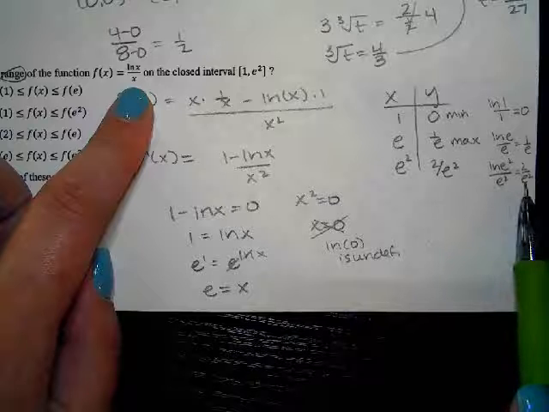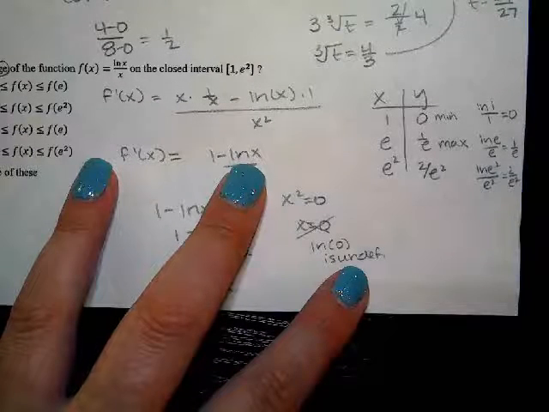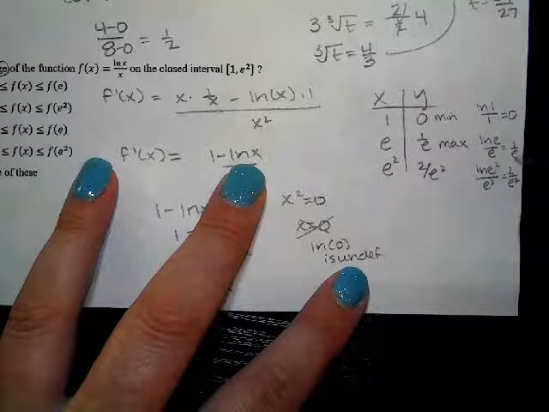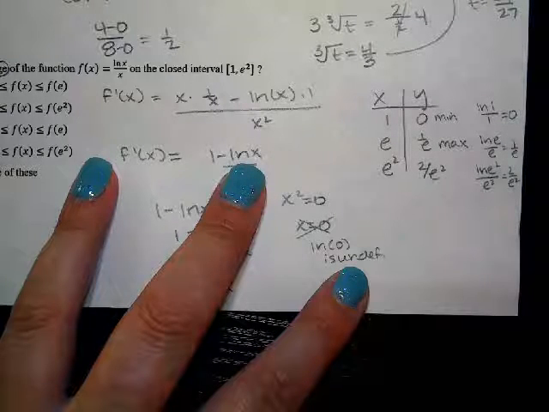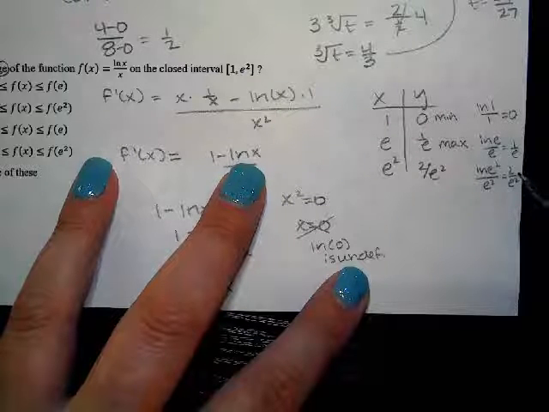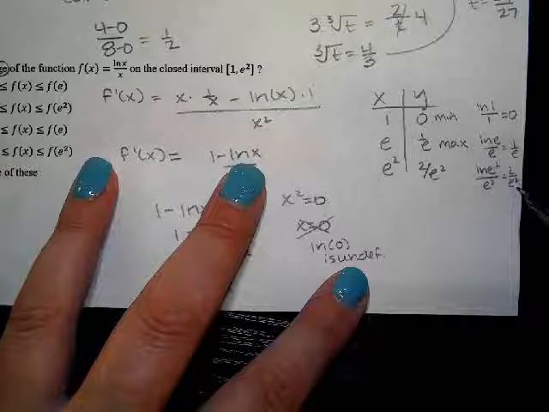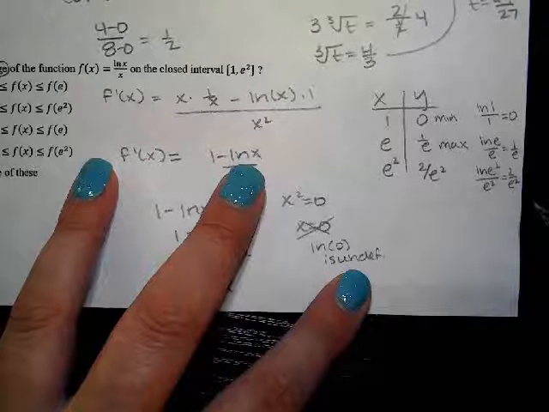So 1 over e is like 1/3. Does that make sense? Okay. 2 over e squared is approximately 2 over 9, since e squared is like 9. 2/9 is like 0.2222222. 1/3 is like 0.3333333.